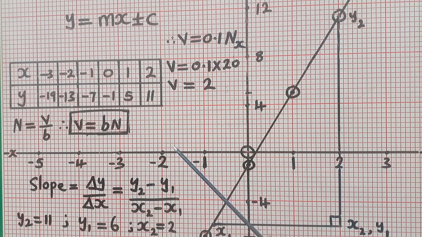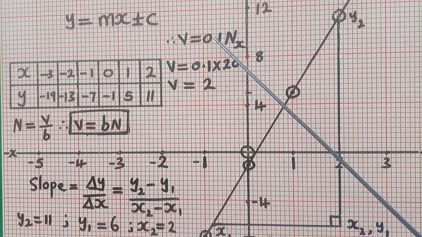Now, with respect to this graph we have just plotted, v is equal to the b for x. Remember, we found it to be 0.1, no longer 0.4. 0.4 was in the case of this y-axis, but now we are dealing with this x-axis.